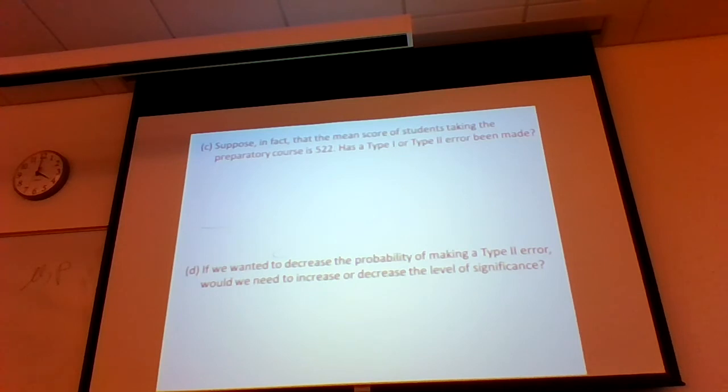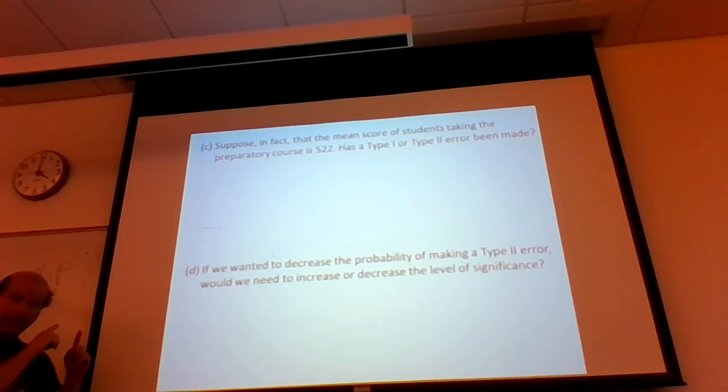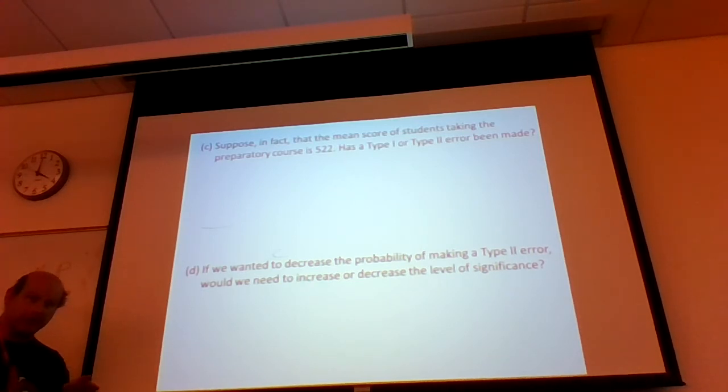Let's look at C. Now, this is a different question than part B. Razan, do you see how this question is a little different? It's more like the first question you were thinking about. B says just write the conclusion. In other words, there's no error of type 1 or type 2. Here we actually ask, what if we were to write a type 1 or type 2 error?